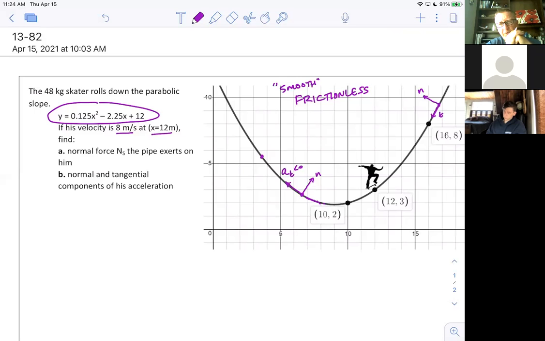But what angle is it pulling at? What angle is gravity pulling at you at the point 12, 3? Can you find that? Like yesterday, it was given as 75 degrees, but how can we find it here? Do we even need to know it? What are your thoughts on that?